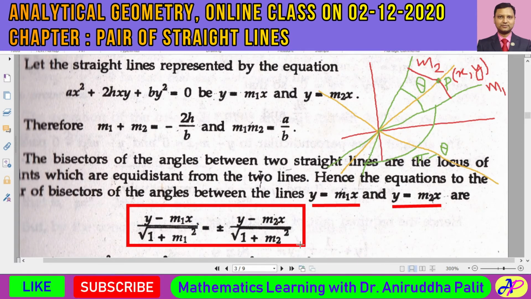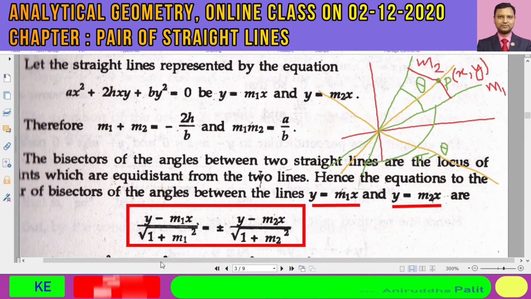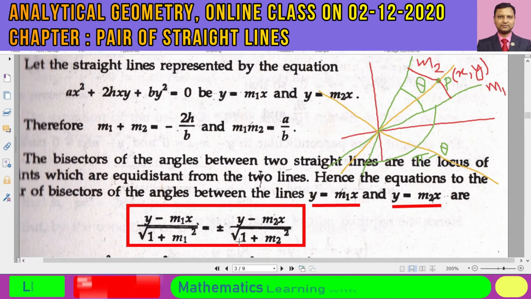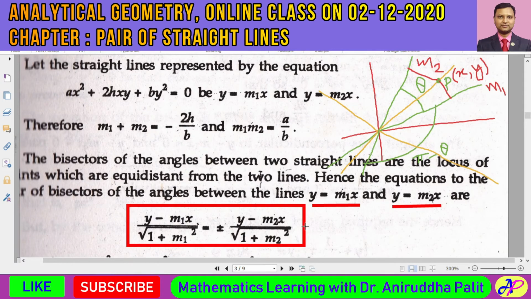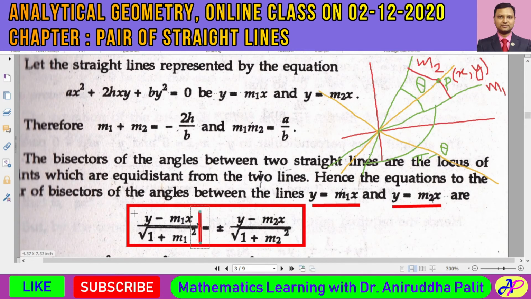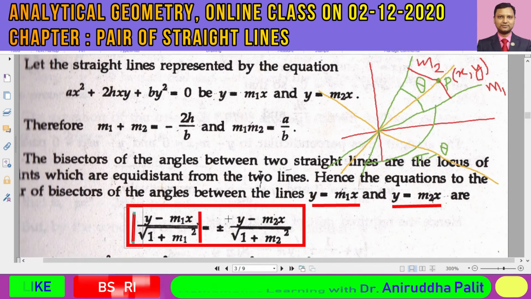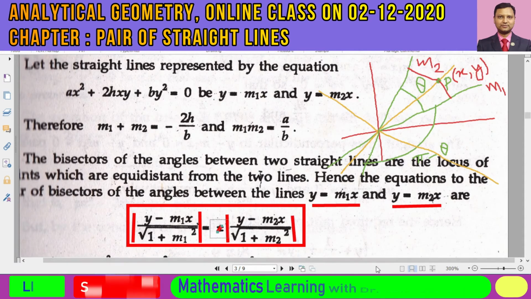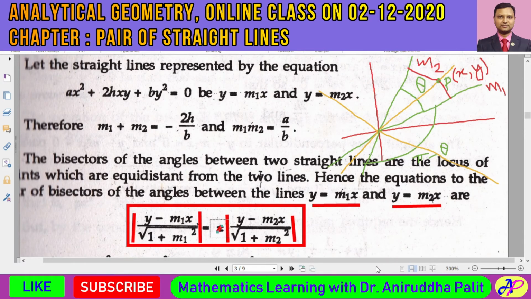So without the modulus symbol, the perpendicular distances would be y minus m1x divided by root over 1 plus m1 square. Another would be y minus m2x divided by root over 1 plus m2 square. Actually, as the distance is non-negative, we should use the modulus symbol over here. If we apply the modulus symbol, no plus or minus symbol would ultimately come.